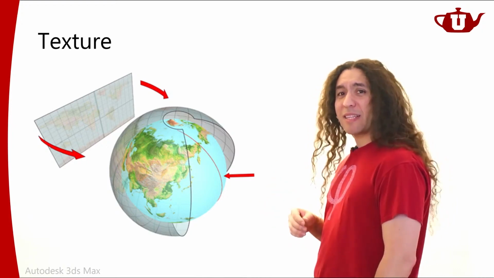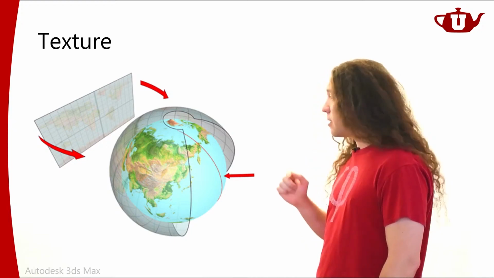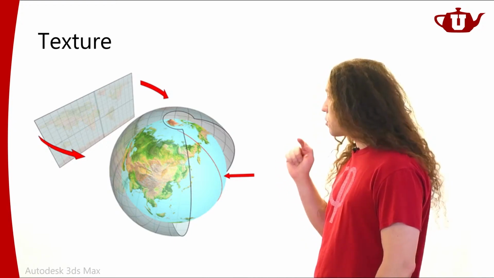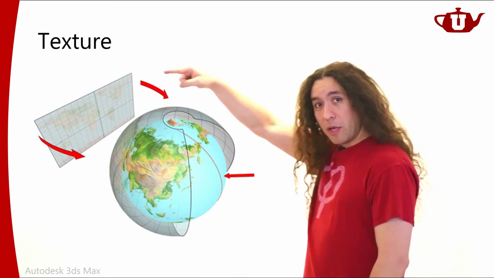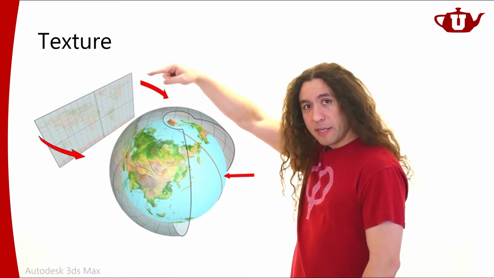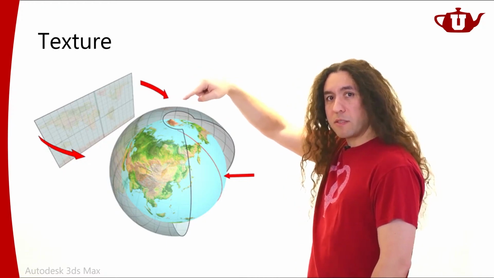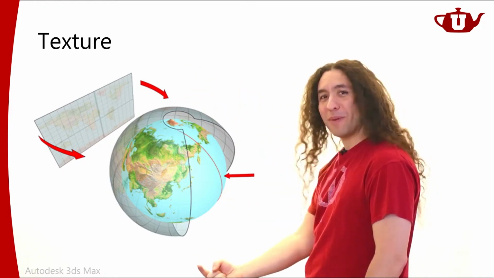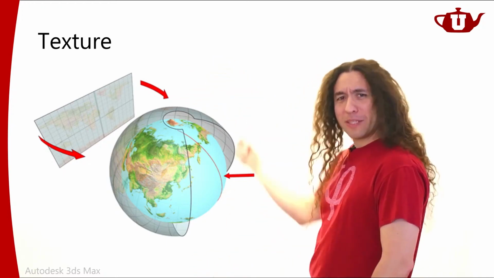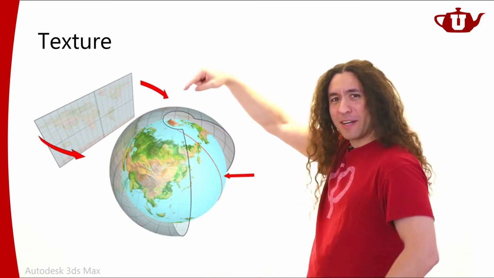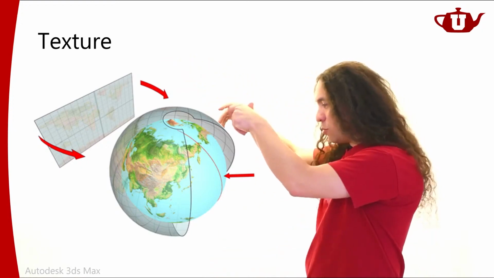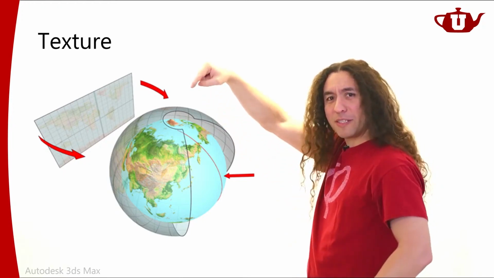Seams are oftentimes not desirable and they can give you trouble, so maybe because of that you don't like it. But another thing that's not so nice here is that we have quite a bit of stretching of that texture. So over here, the top parts of that texture correspond to a very small surface here. Same goes for the bottom side here. North Pole and South Pole, where things are compressing all the way to a single point.